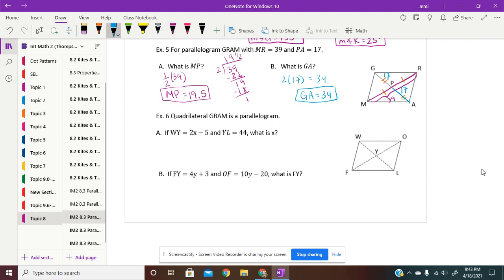All right. Example 6, I need the same fact about the diagonals bisecting each other, but this problem is a little bit more interesting. But this is where my second typo is. So this quadrilateral is not called gram, so cross out the title right there where it says gram and write that as flow.